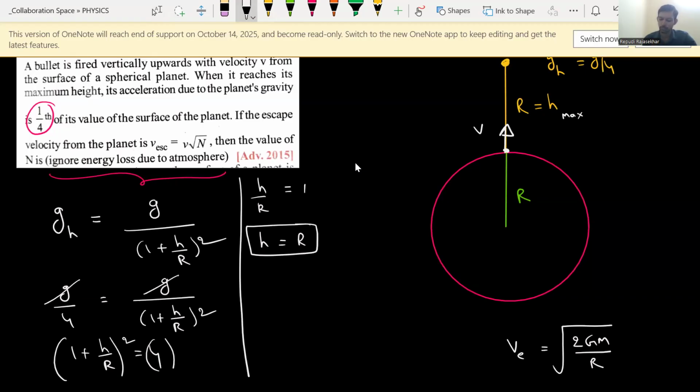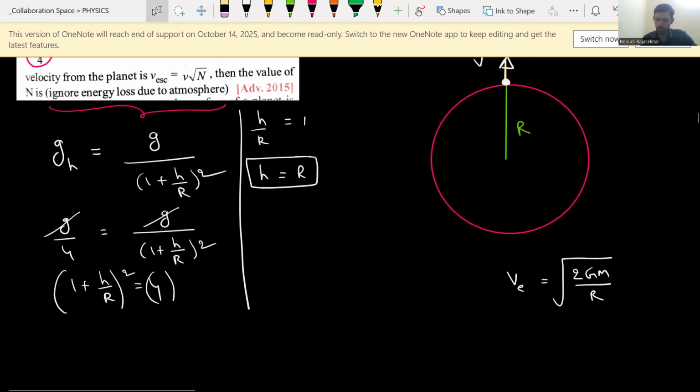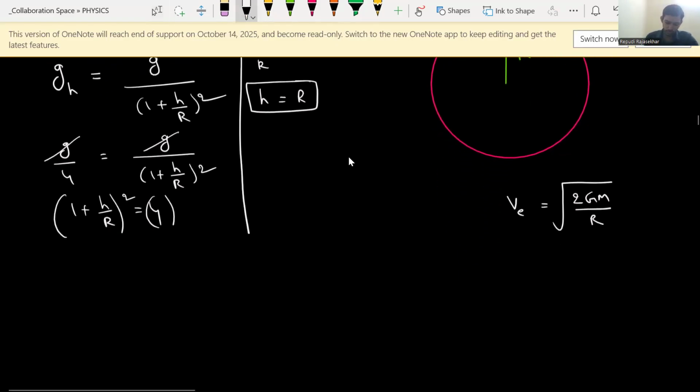On the planet, the particle has kinetic energy because we are throwing it with a certain velocity, and on the surface of the planet every object has potential energy also. So here we can write the energy conservation equation again: initial energy should equal final energy. This is the reason they mentioned it in the question itself.